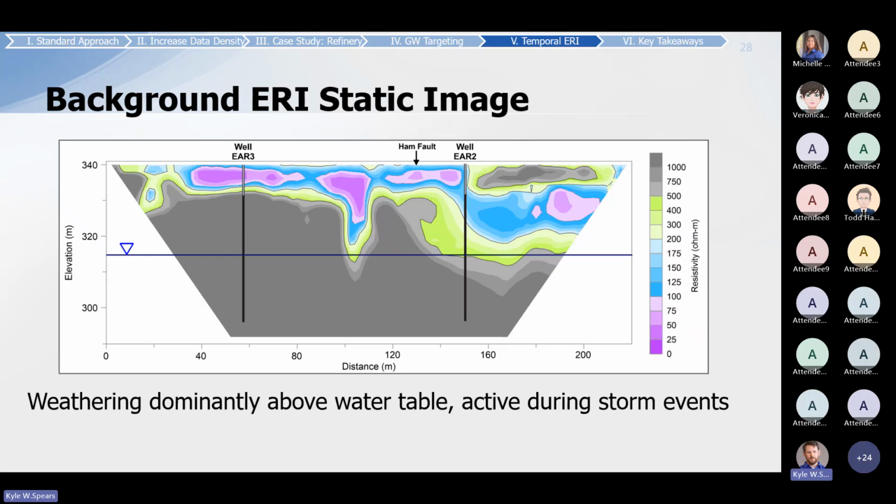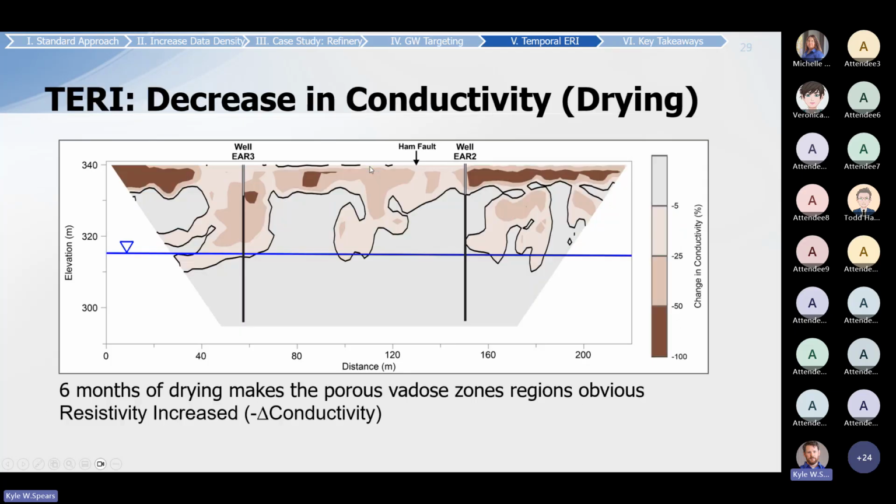The grays are showing us our more competent bedrock signals. We know that the Ham fault goes through here. That's through old geologic mapping and supported by electrical data sets, both ours and HEM data collected by the USGS. So everything's looking pretty good here.